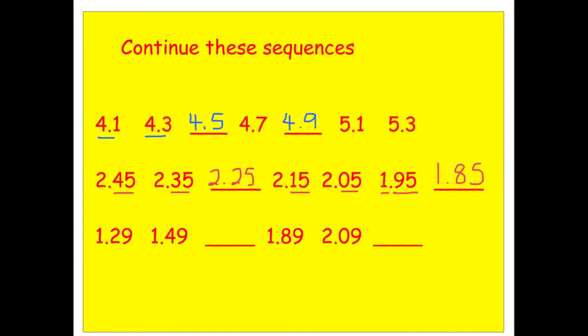And the final one, 1.29, 1.49, so we're going to have a 69, so it's 1.69, 1.89, 2.9, then our final one will be 2.29.